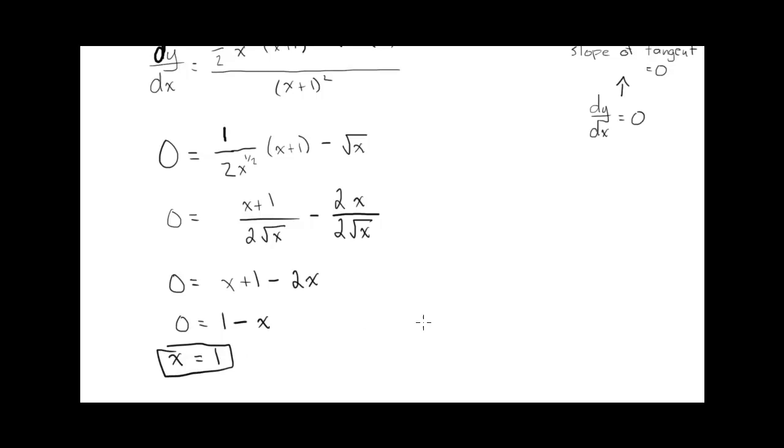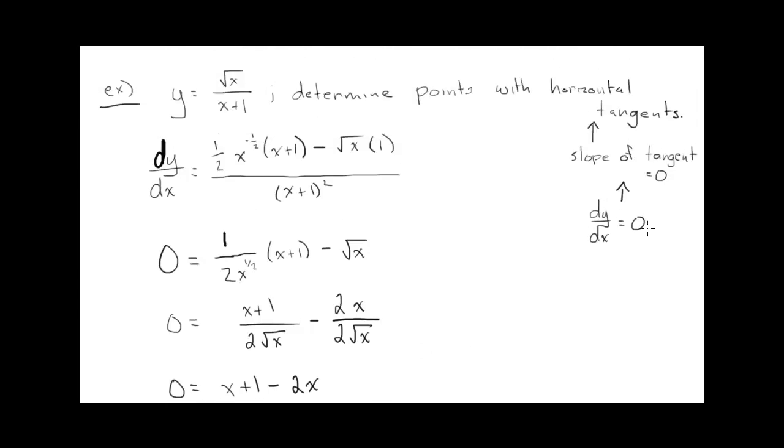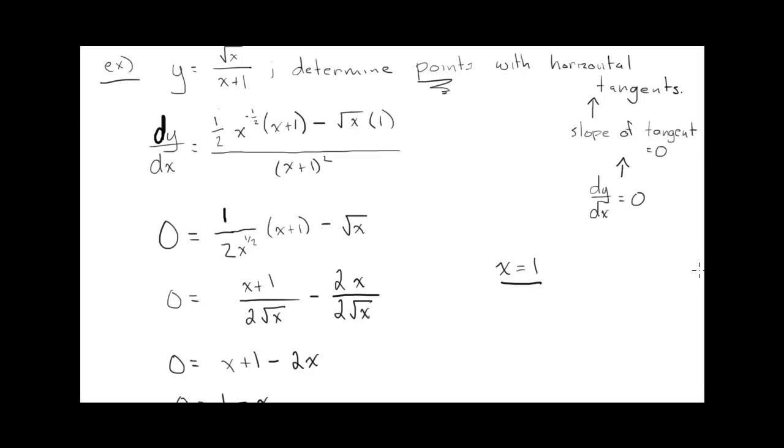So what that tells me is that when x is equal to 1, the slope of the tangent, the derivative, is equal to 0. So when x is equal to 1. Now the question actually asked me for the points, and this is just the x value of the point. So in order to get the actual point, I would sub x into the equation.